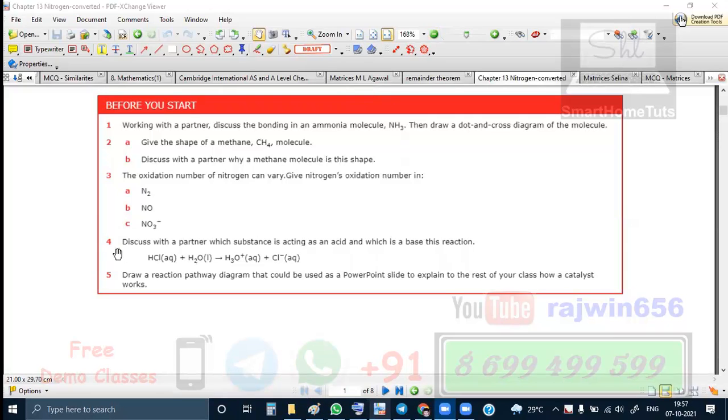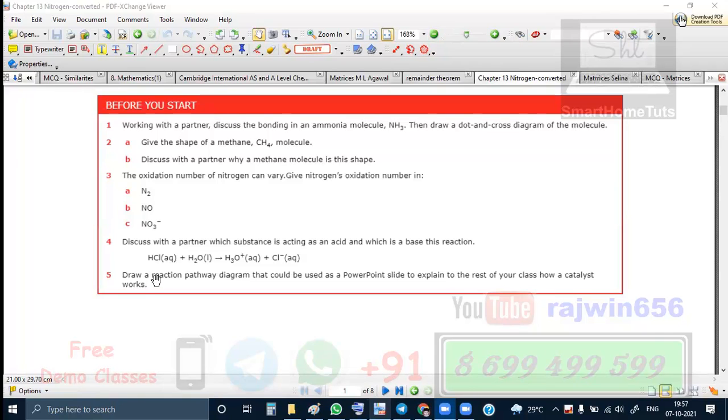Okay, question number 4. Discuss with a partner which substance is acting as an acid and which is a base in this reaction. The reaction is HCl aqueous plus H2O liquid, which gives H3O plus, that is the hydronium ion, and Cl minus. So from HCl and H2O, which substance is acting as an acid and which substance is acting like a base?